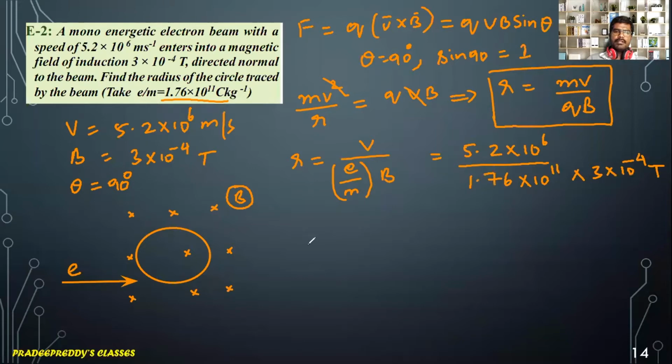You should evaluate this so that you will get the radius of the circle traced by the electron beam when entering the magnetic field.